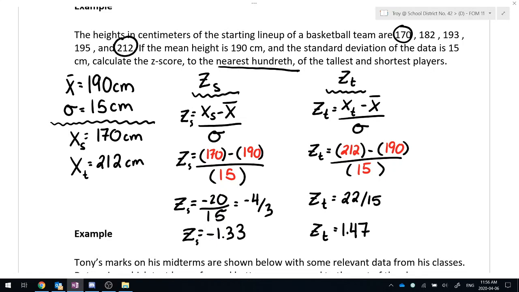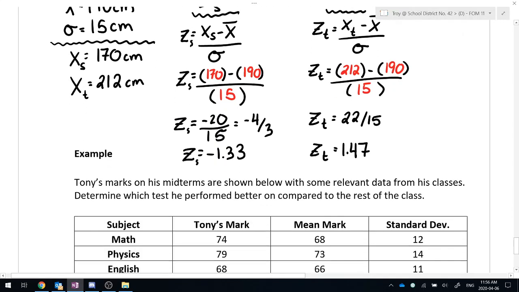Okay, so both of those points have their own corresponding z-score. Okay, but why do we care? Why do we care about these z-scores? What do we use them for? Well, I'll show you in the next example.